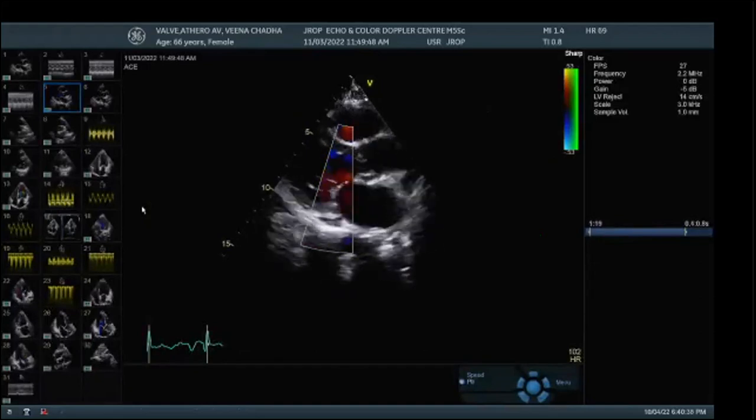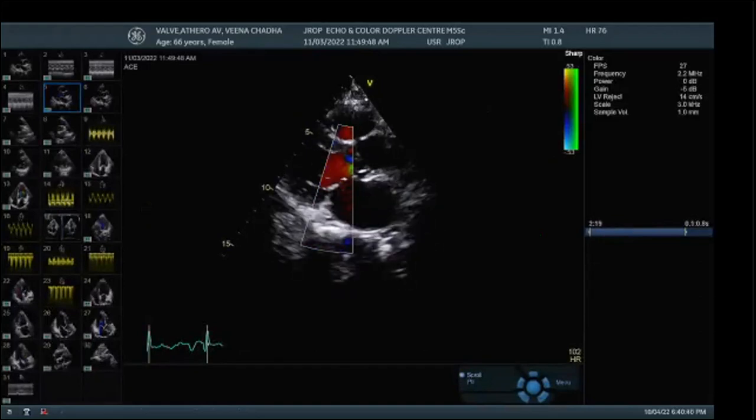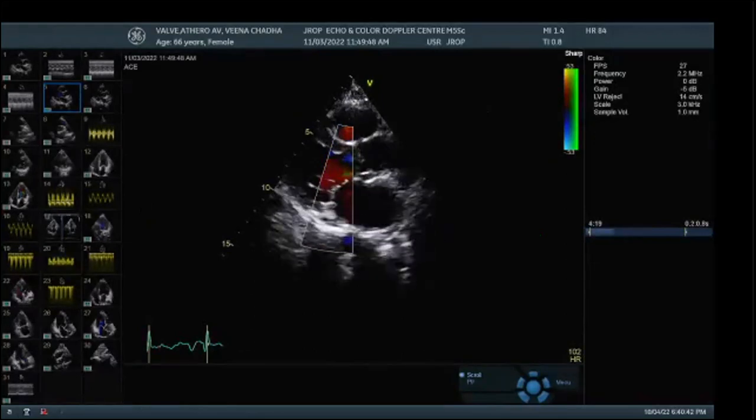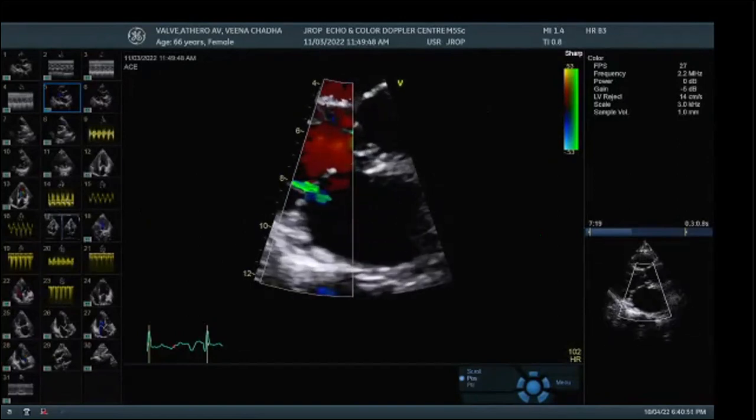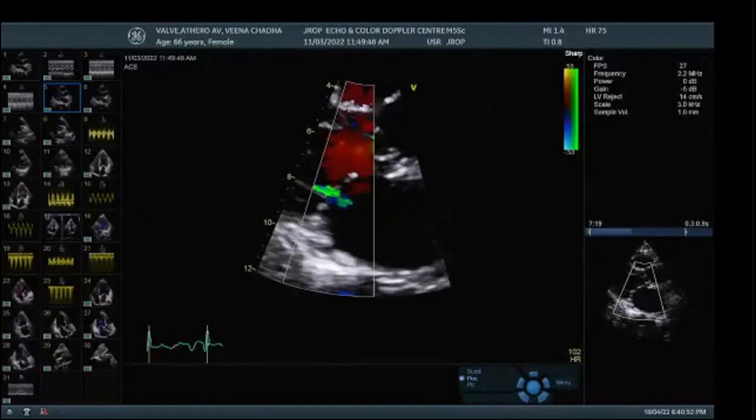Okay. This is the parasternal window, Dr. Clay. Can you see this MR jet over here? Zoom up this MR jet. Then I'll take a caliper and measure this jet width in the parasternal window only. This width is 0.34.